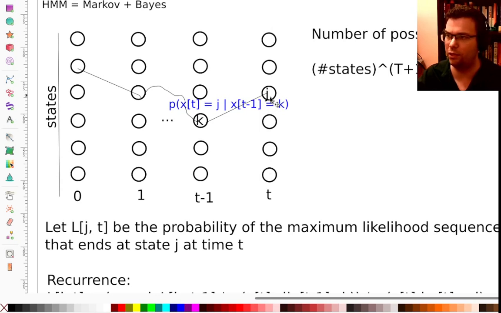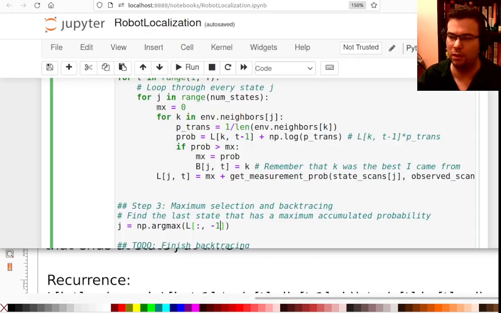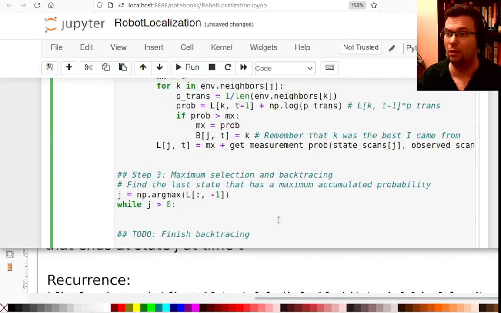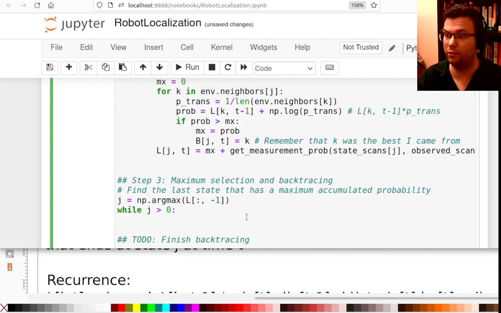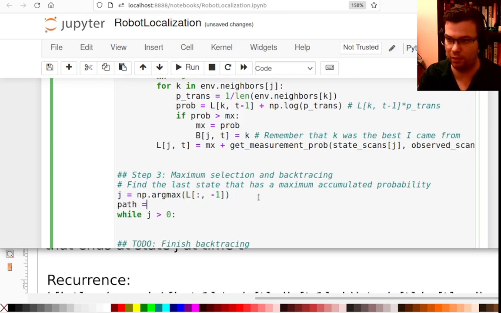Which one of these actually ended up on the best path? Let me start the back tracing there. And now I'll say, while J is greater than 0, I will simply follow the arrows that I remembered here. So let me say path is equal to J.